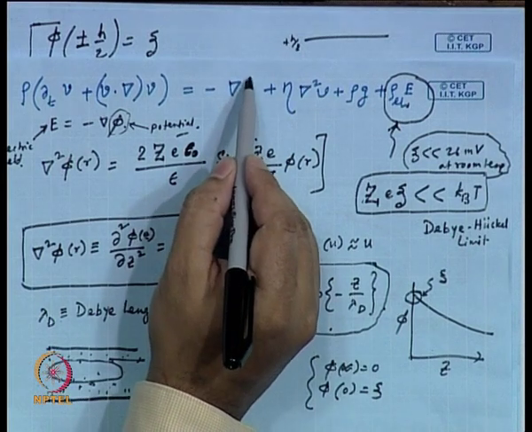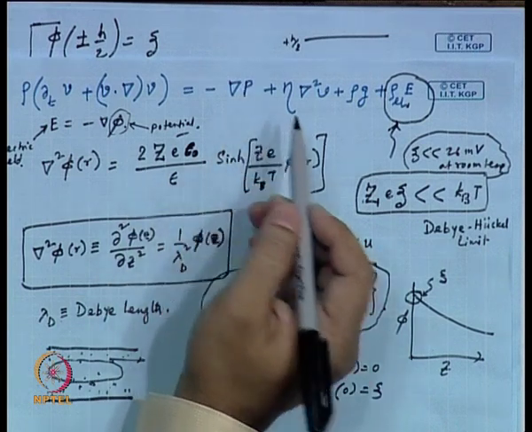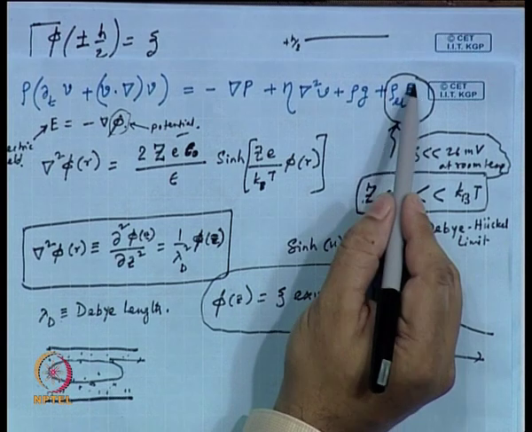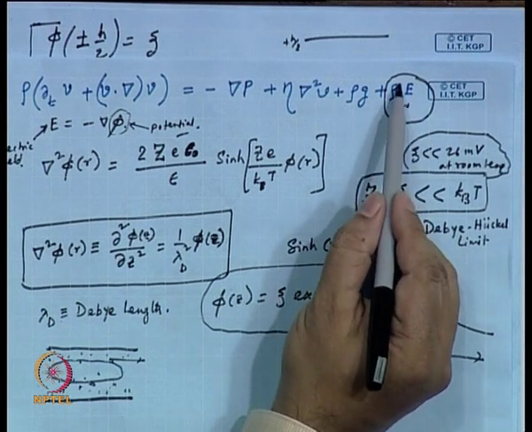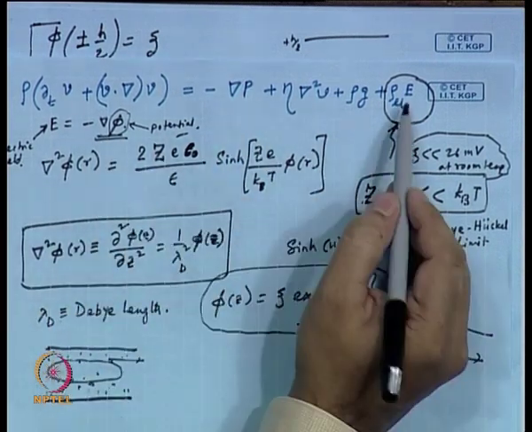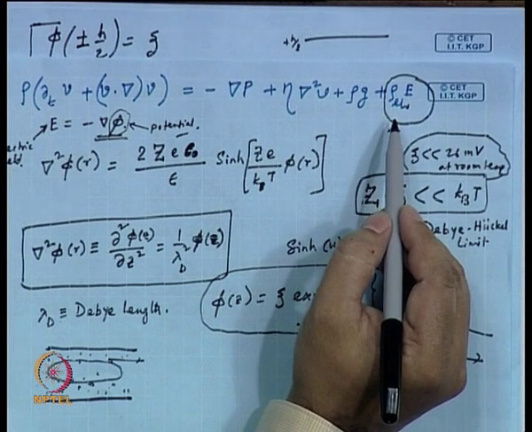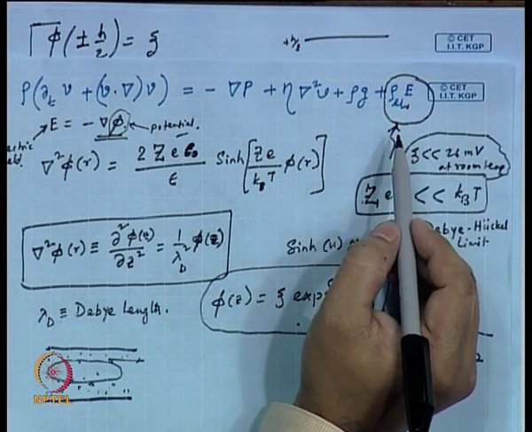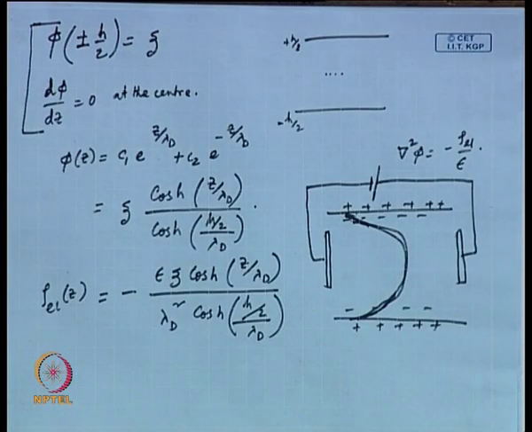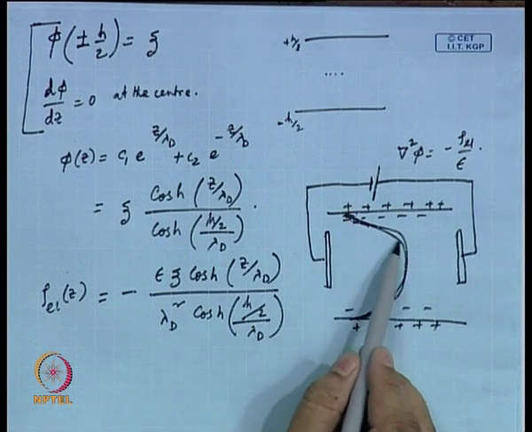Suppose this delta P is not there. If delta P is not there, we know that there will not be any flow, but if by some means we can put a delta phi here, some means we can make this term non-zero, then we can induce a velocity, and we are interested to know what that velocity would be in the micro channel, in the channel where we have two walls. So, if this is the scheme, we would like to know what would be this velocity profile.